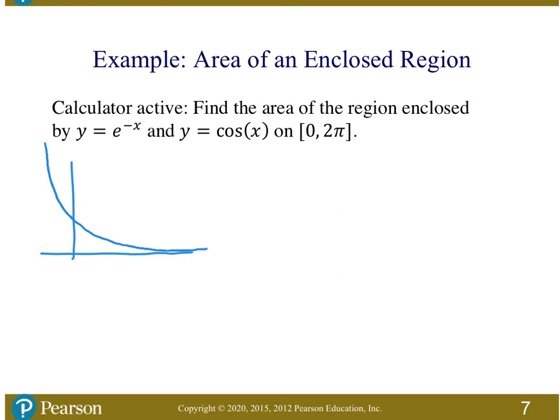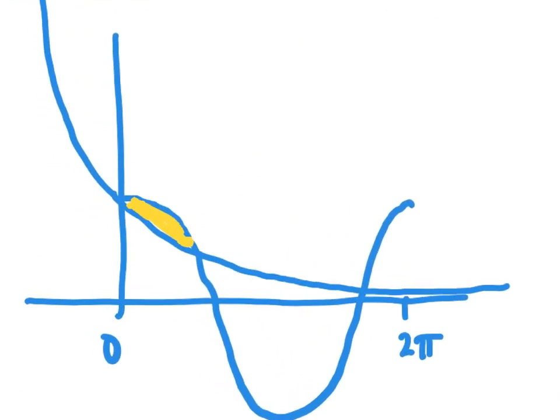And my graph for cosine dips down below the x-axis and then comes back up again to the boundary of 2 pi. So we have this region that we are trying to find the area of. For that particular section, the cosine of x will form the upper boundary, while e to the -x is the lower boundary.